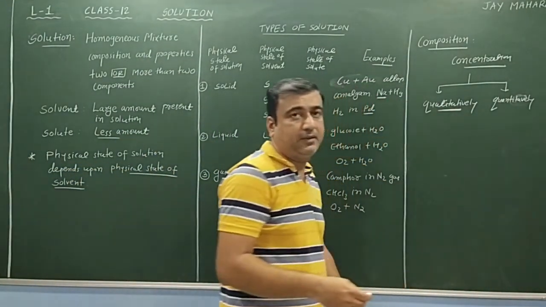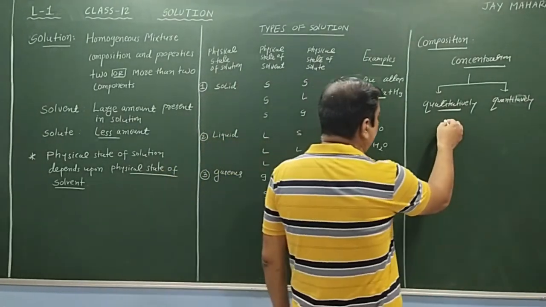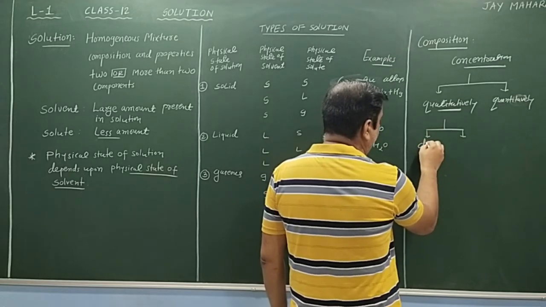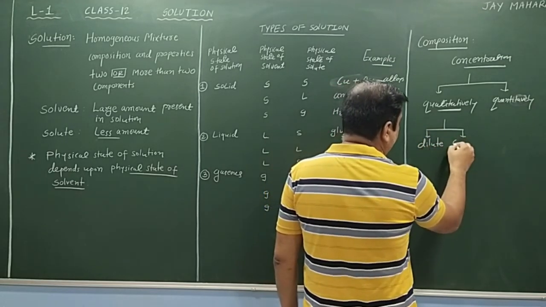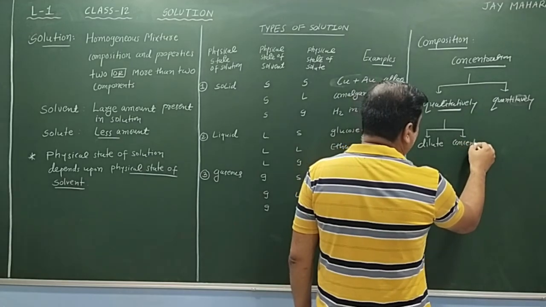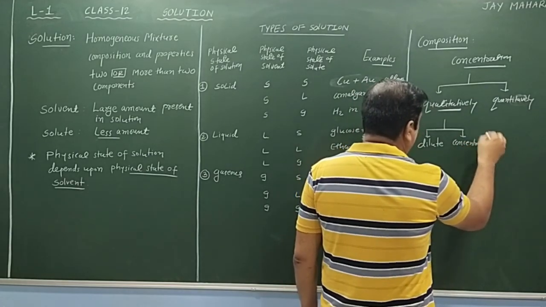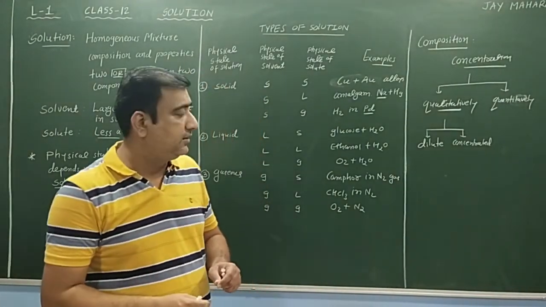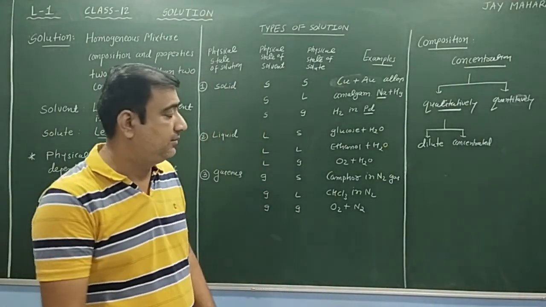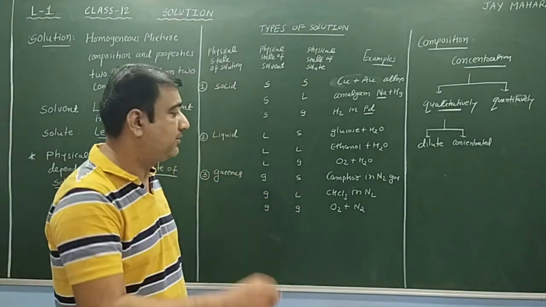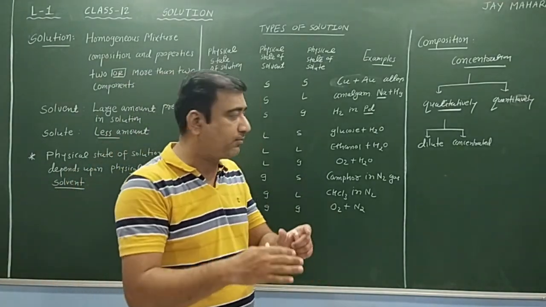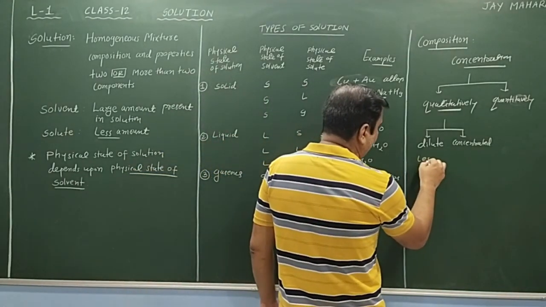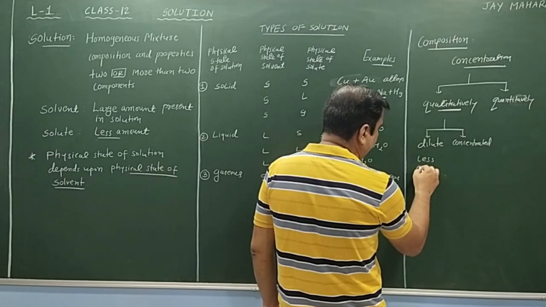Qualitatively means generally into two categories: dilute solution and concentrated solution. That means we cannot calculate the amount of solute present in the solution, but judge based on property. Dilute solution means less amount of solute is present.